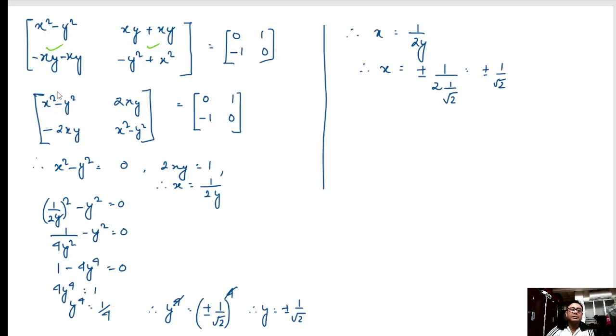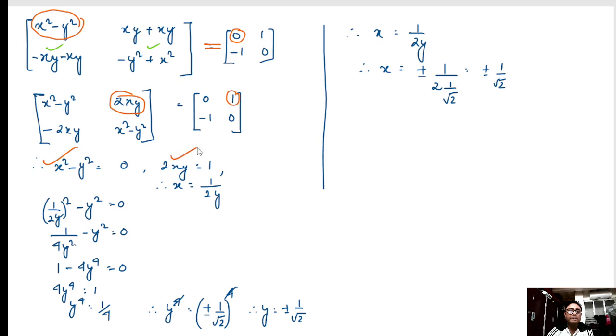So now when we get this, it is given already that it is an equal matrix. See, it is an equal matrix. That means now we will be equating this with this, and this is 2xy with this. So we are doing this.